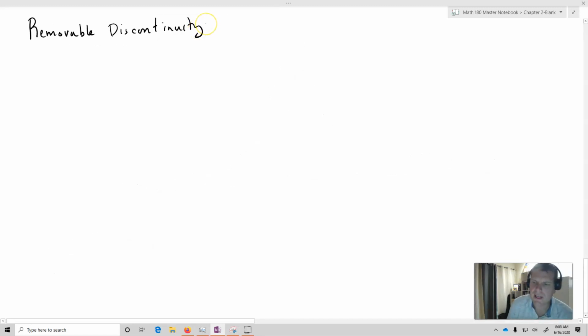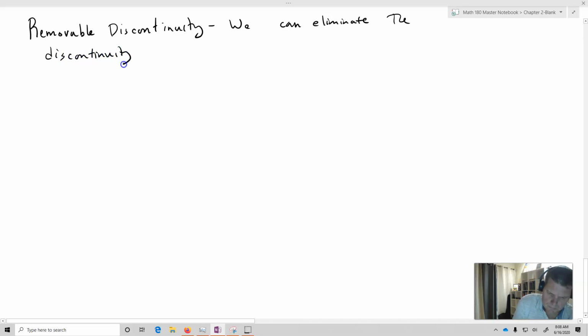This is a discontinuity that you can actually eliminate by changing the function. We can eliminate the discontinuity by creating a piecewise function.